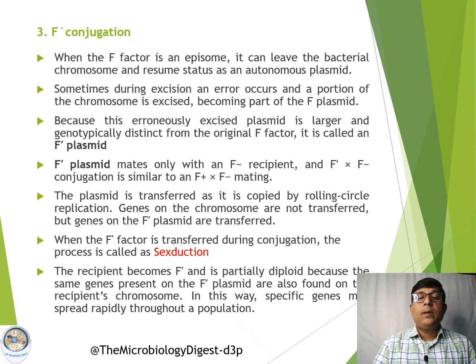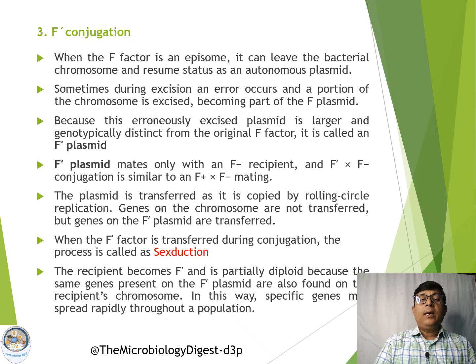When F prime conjugation occurs between an F prime plasmid and an F negative recipient, it is similar to the first type, F plus and F negative mating. The plasmid is transferred and similarly copied through the rolling circle mechanism.